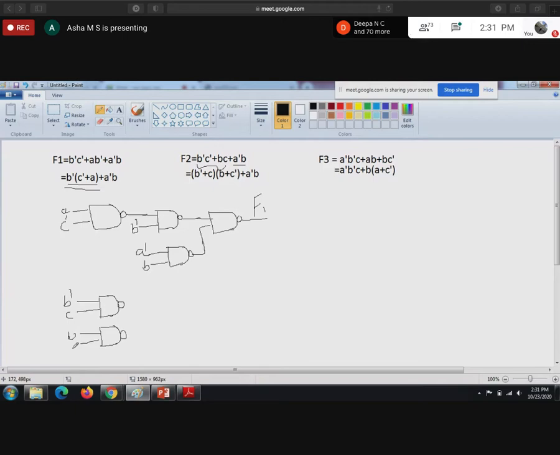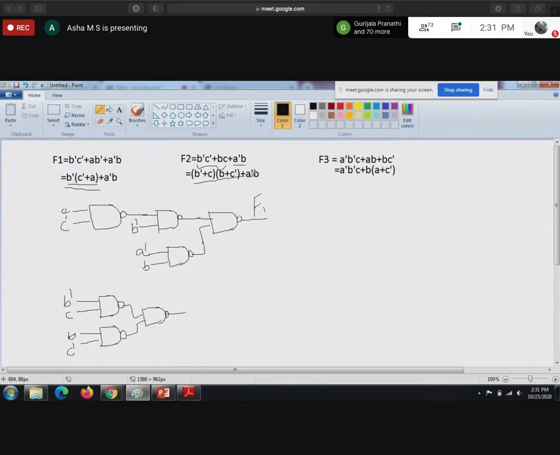B, C bar. So to combine these two, one more NAND gate. Okay, this NAND gate gives this term. This NAND gate is going to give this term.